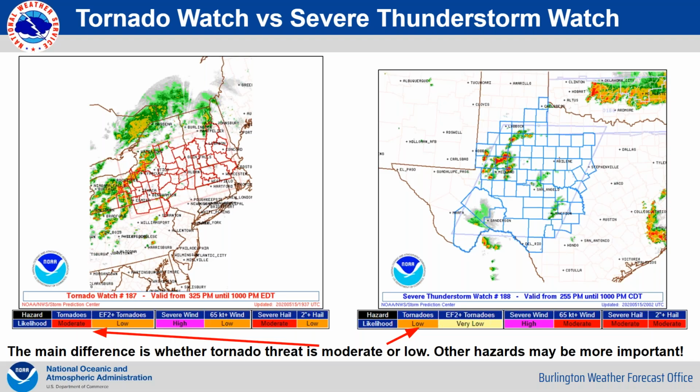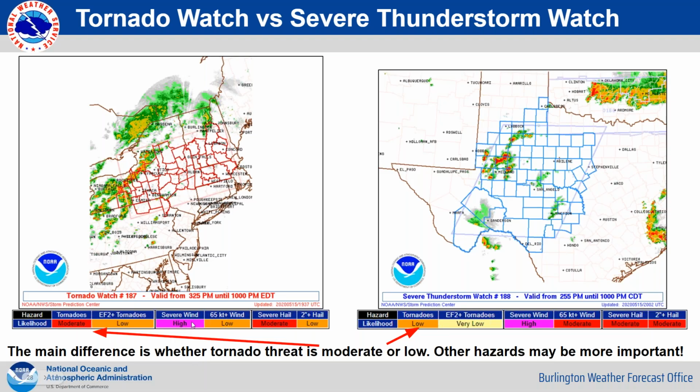But if the tornado threat is low, it will probably be a severe thunderstorm watch in those situations. And so I really want to emphasize that even though a tornado watch may be issued, the tornado threat may not be the highest severe weather threat in those situations.